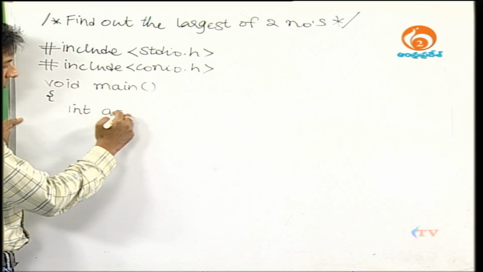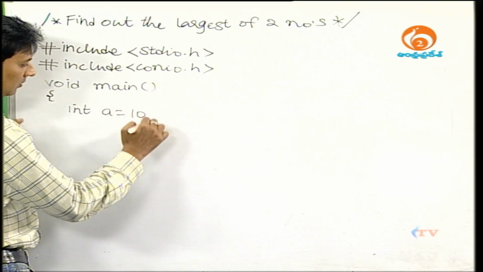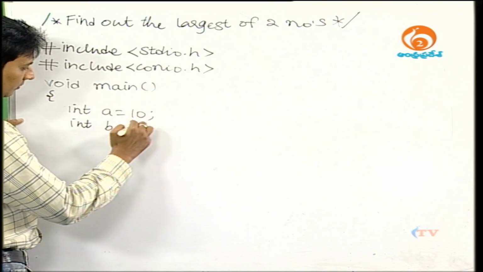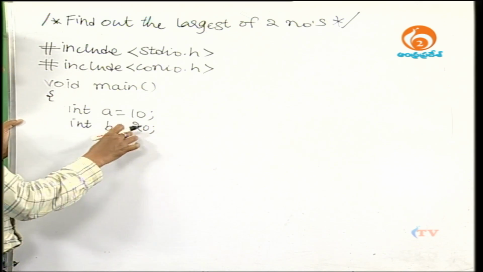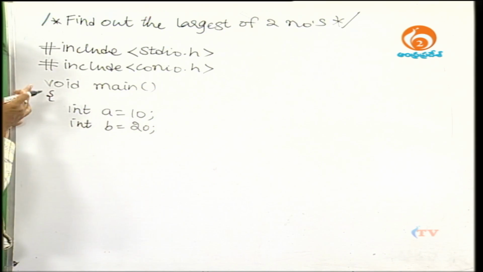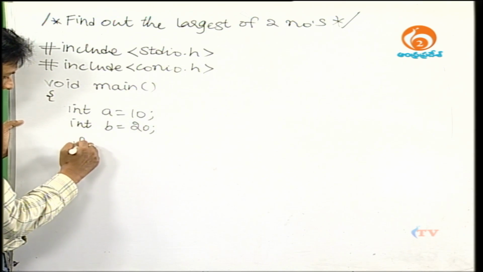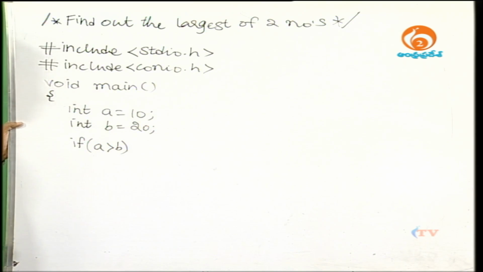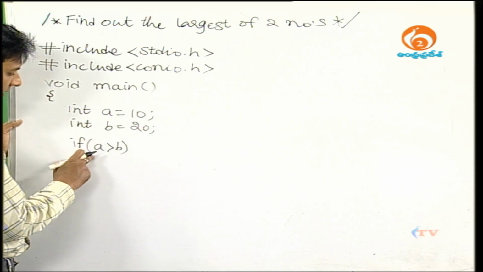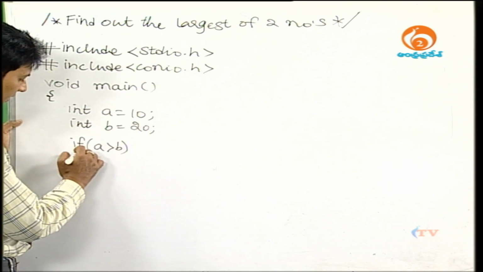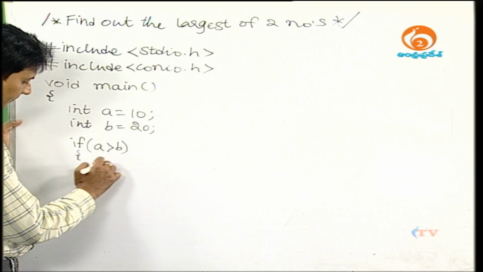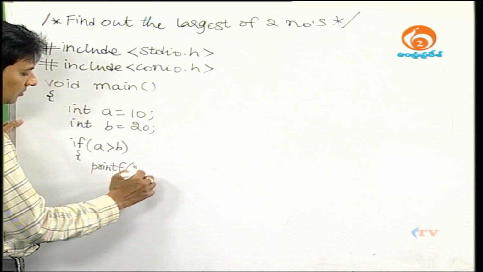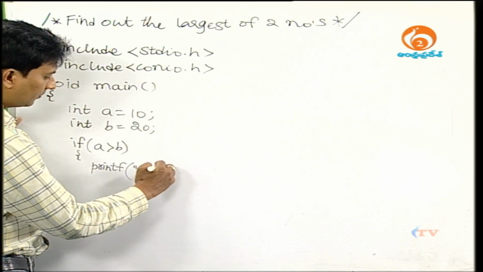int a = 10; int b = 20; Now I want to find out which is the largest of these two numbers. So what is the logic? If a is greater than b, if it is satisfied, if it is true, then we write printf a is biggest.